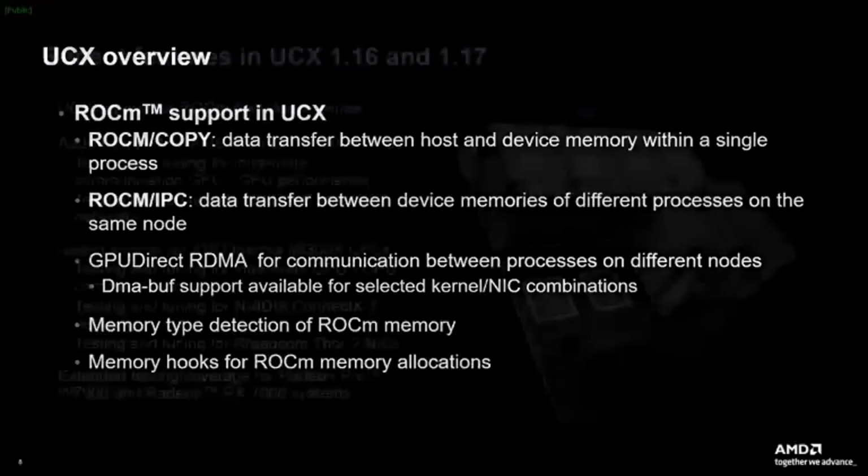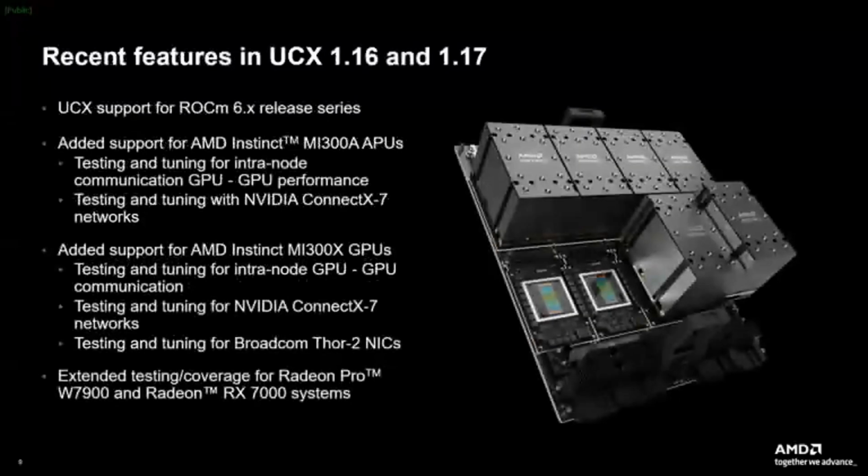So what were the new features that were added with UCX 1.16 and 1.17 for our devices? The biggest item probably was that UCX 1.16 was the first release where we added support for the new MI300A and MI300X GPUs. So this involved intranode and internode testing, although I think internode was mostly tested in the 1.17 timeline.